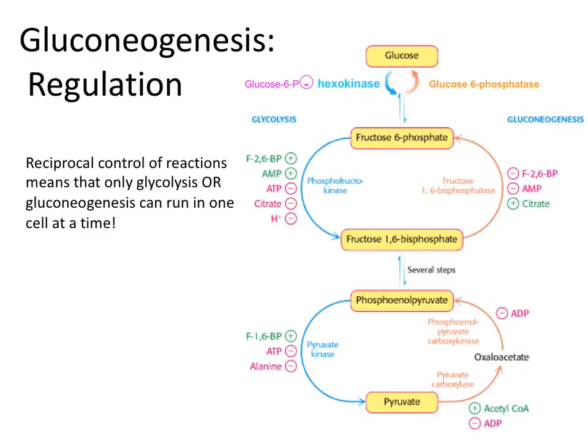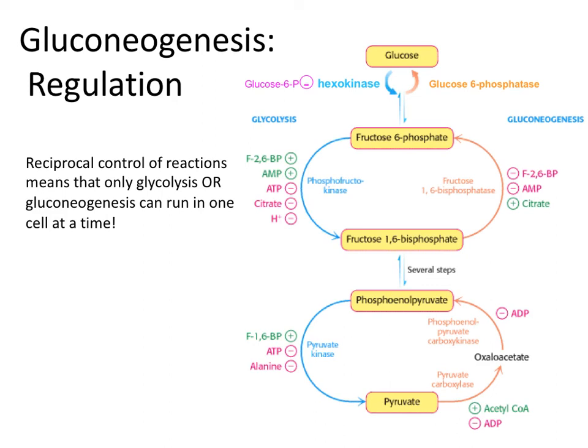As discussed, those key regulatory steps in glycolysis are also the regulatory steps in gluconeogenesis. And because these two pathways are reciprocally regulated, that means that only glycolysis or gluconeogenesis can run in a given cell at one time.